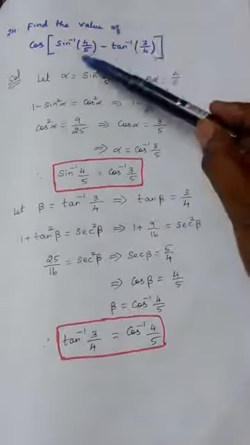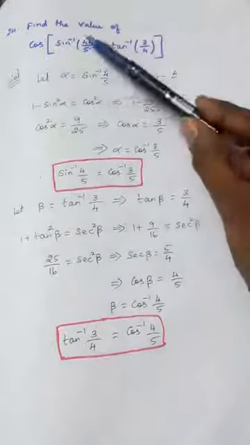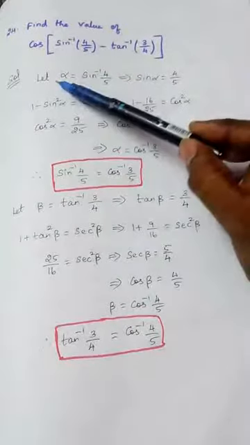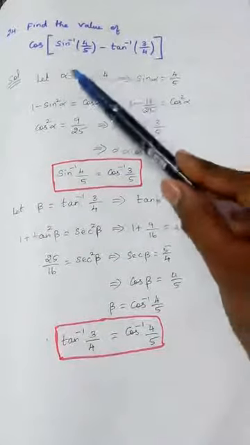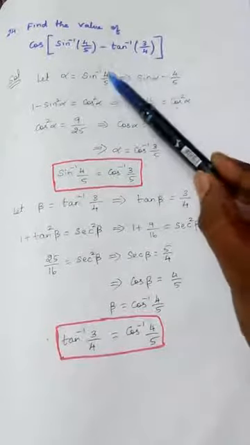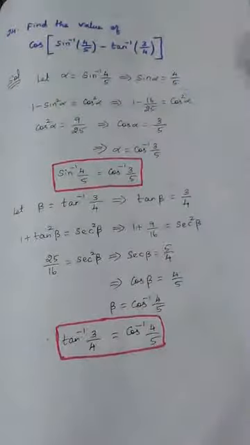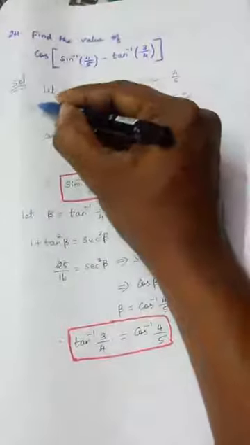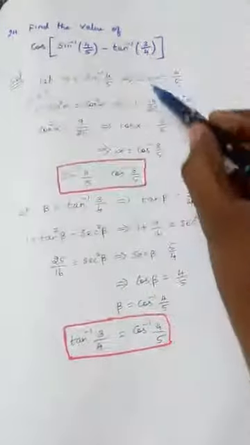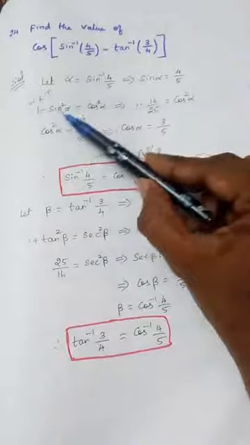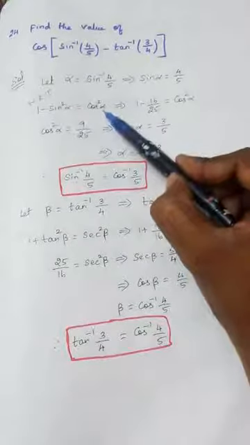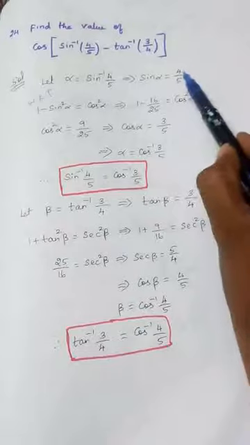For that, first I am taking the first term, and the first term is named alpha. Sine inverse is taken to the other side, so sine alpha equals 4 by 5. This is the trigonometric formula that we will write. We know that 1 minus sine square alpha is equal to cos square alpha. Sine alpha value is 4 by 5.